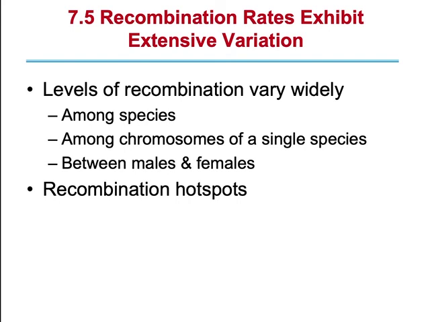Within the human genome, recombination rates vary among chromosomes, with chromosomes 21 and 22 having high recombination rates and chromosomes 2 and 4 having low rates. We've also detected differences between male and female humans in rates of recombination. Autosomal chromosomes of females undergo about 50% more recombination than autosomal chromosomes of males.